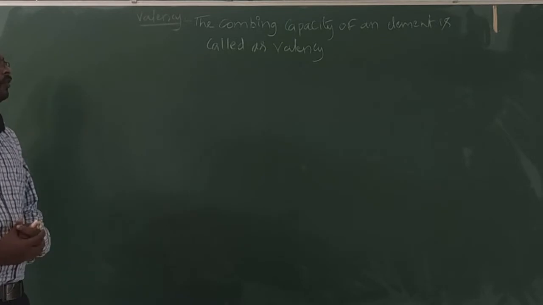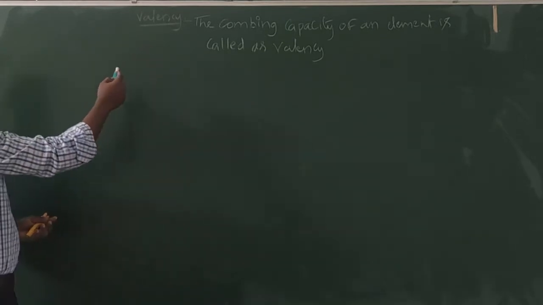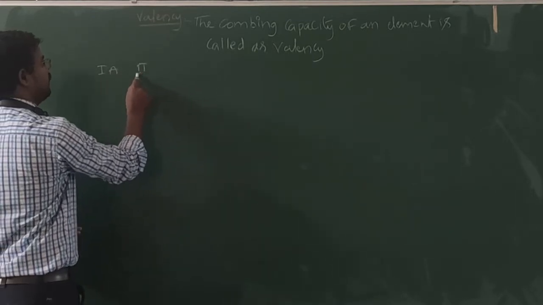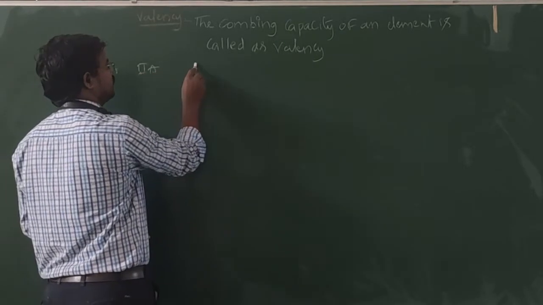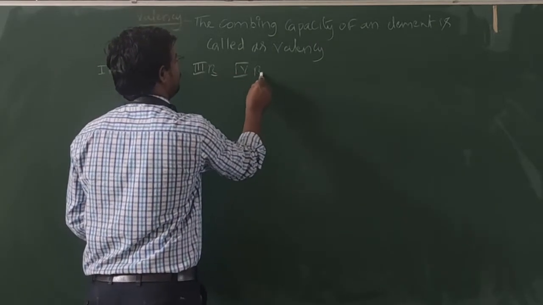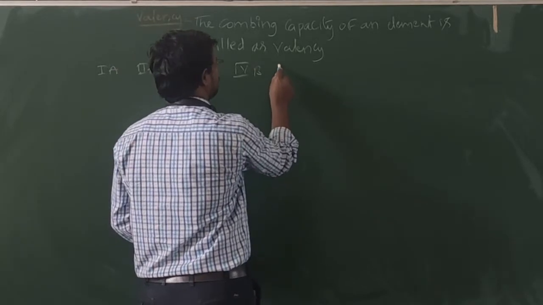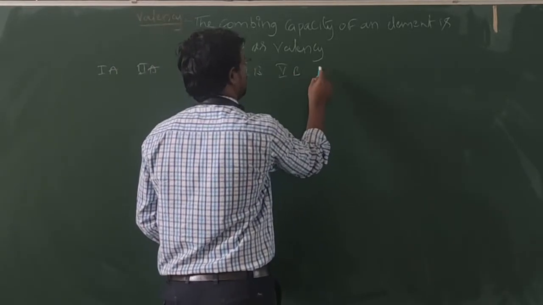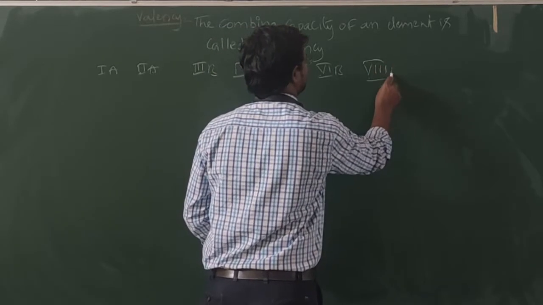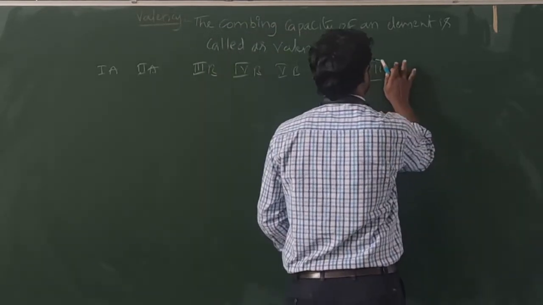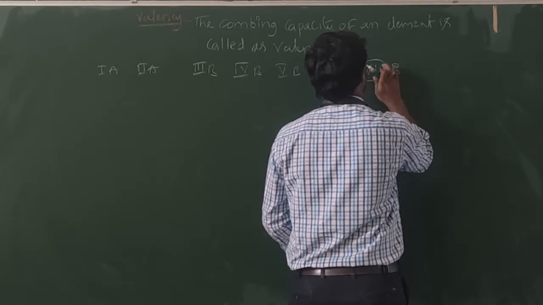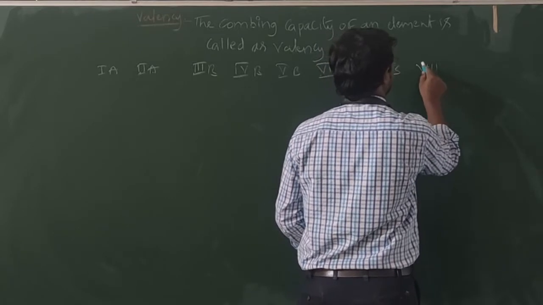So how to calculate the group valencies? See, first A group elements, second A group elements, next third B group elements, fourth B group elements, fifth B group, sixth B group, seventh B group, and eighth B group.